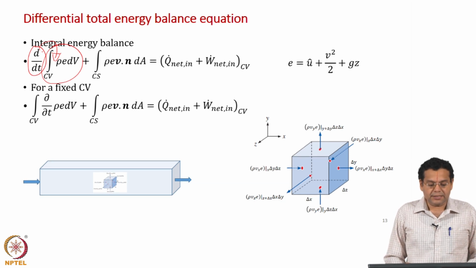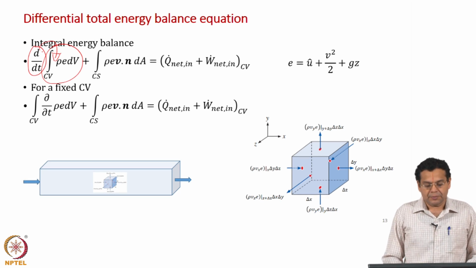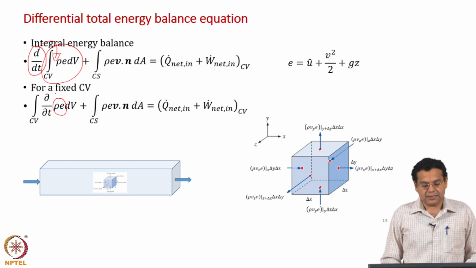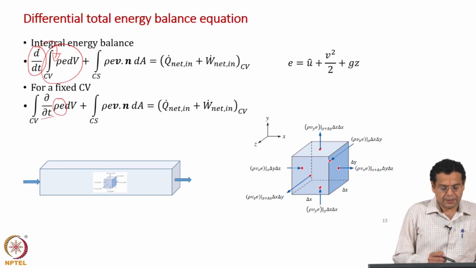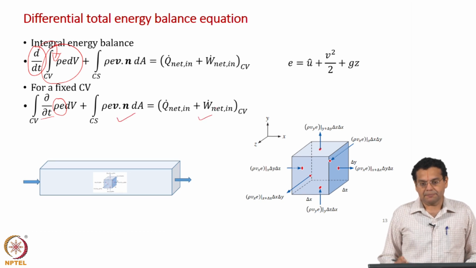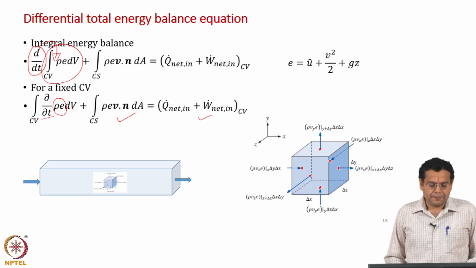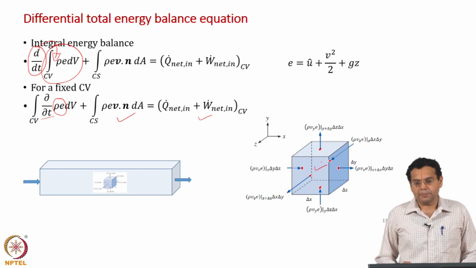So, we wrote it as d by dt, but now it is inside the integral sign. Rho and E can vary with space. So, now both spatial variation and time variation are there, and so we represent it as a partial derivative, and the remaining terms are same.